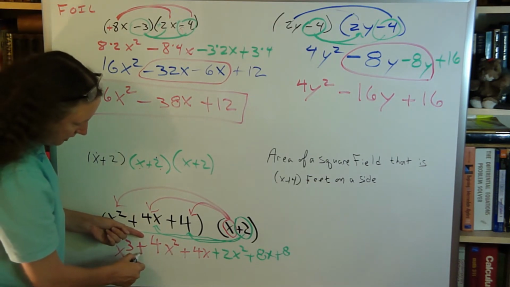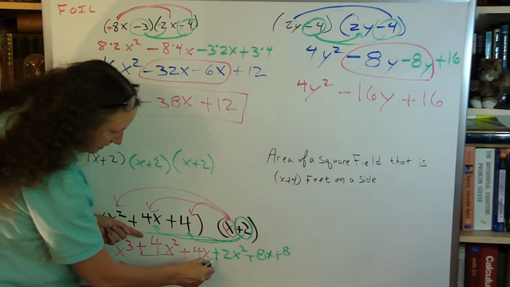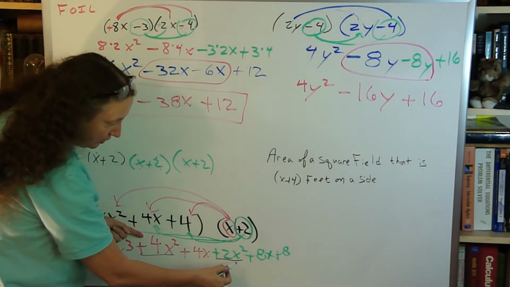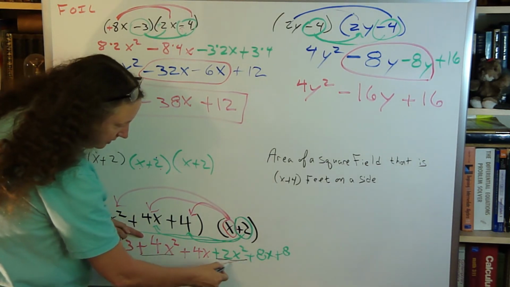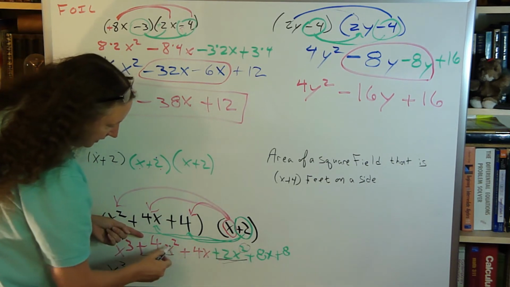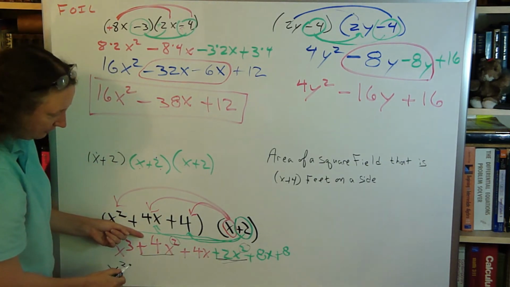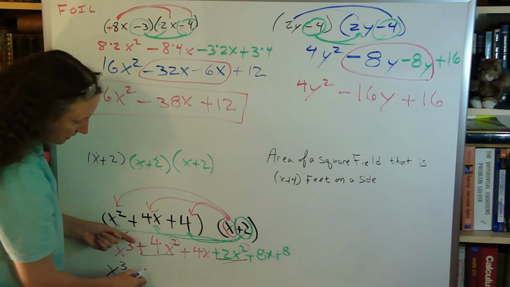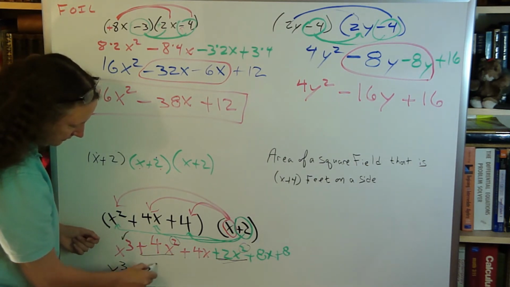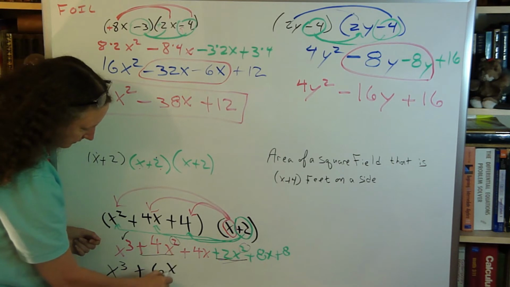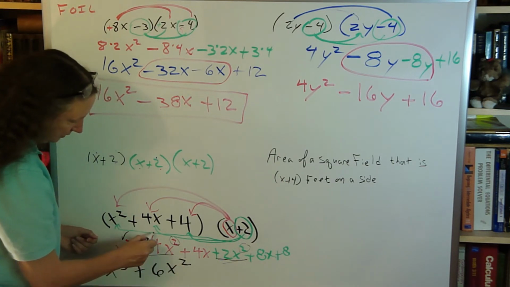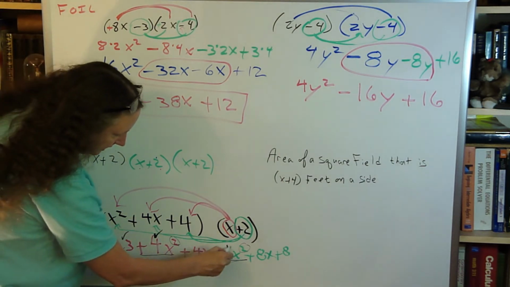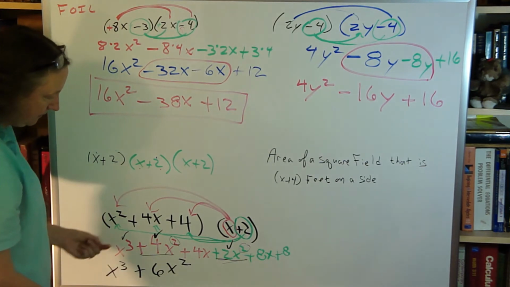Okay, I look for another 4x squared, or x squared I should say, not just 4x squared. I see my x squared there and there. So I'm going to add those. 4 plus 2 is 6. So I have that one taken care of, and I have that one taken care of.